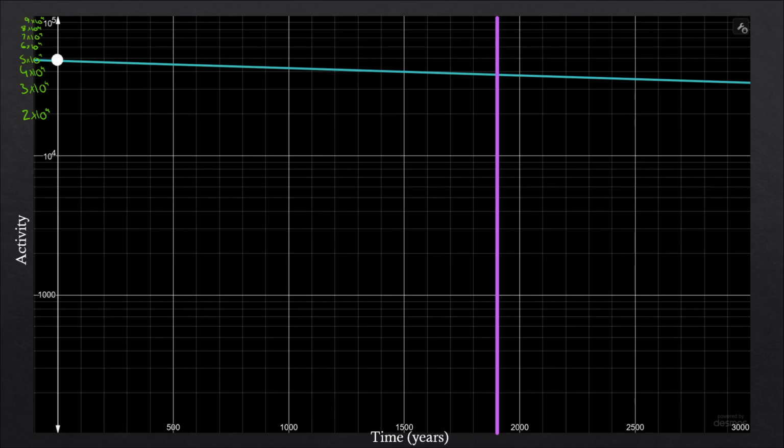Then we can move down along the line until the y value is equal to the activity of the old sample, which is 3.97 times 10 to the 4. At this y value, the x value will be equal to the time which has passed since the initial activity. This should give us roughly the same value for time as what we calculated using the equation.